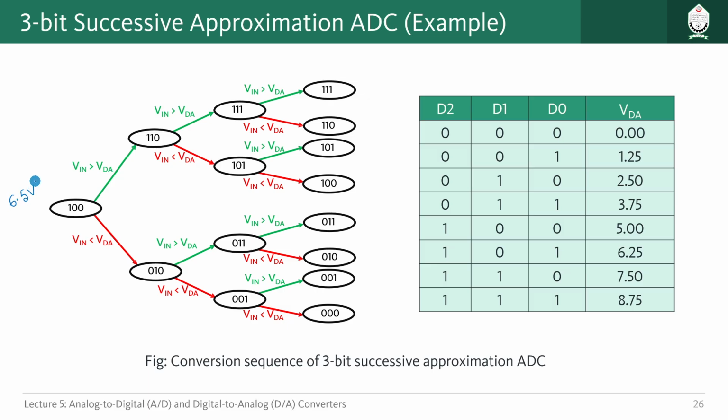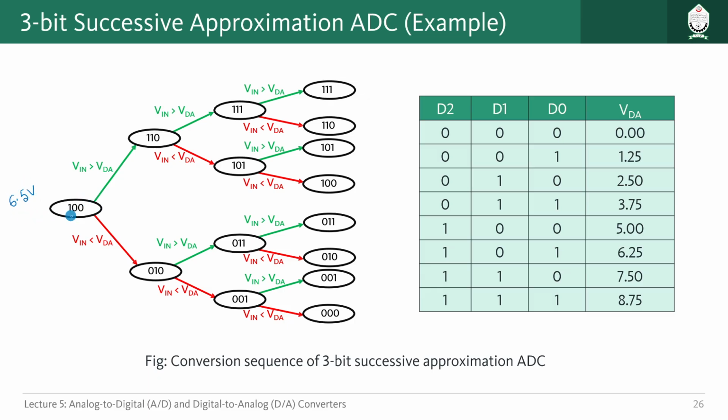In this case, we have to guess each time and evaluate our guess, and in this way iteratively improve our result. Let us say we started with 100, because we start from the most significant bit, then one by one we look at the lower bits as well. First we keep the most significant bit as 1, then 0, then 0, and we evaluate this value against the analog voltage provided as input, right?